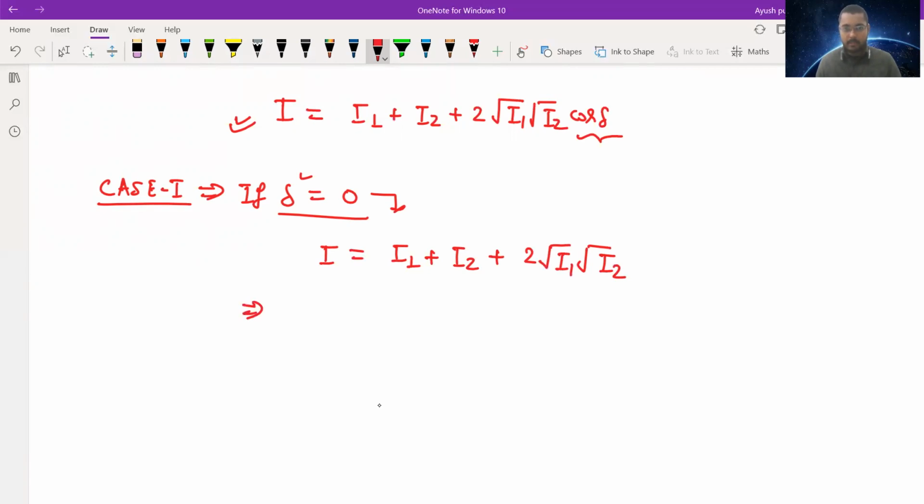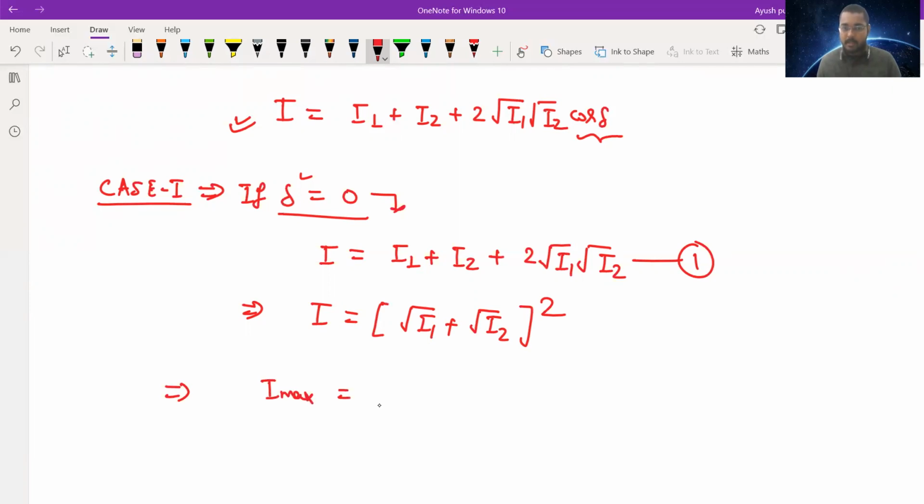Can I write this equation as root I1 plus root I2 whole square? If you open this up using the formula of A plus B whole square, you will get the same equation written above. So this is the maximum intensity, root I1 plus root I2 whole square.